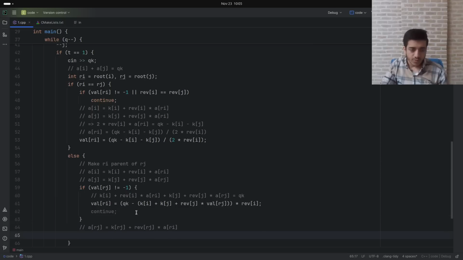So I'm gonna move everything to the other side. So a of Rj is equal to all these values.